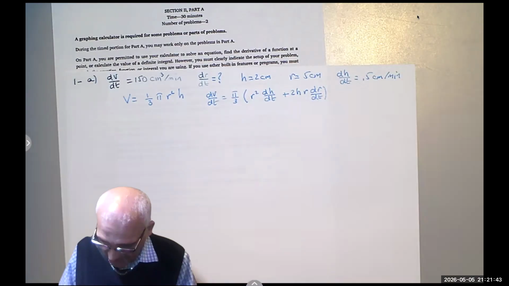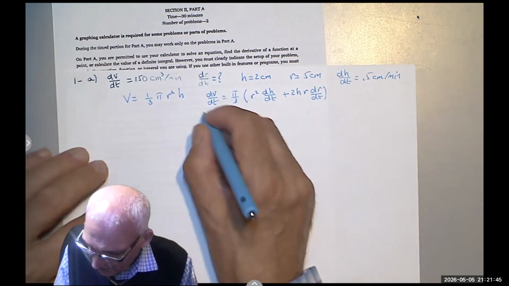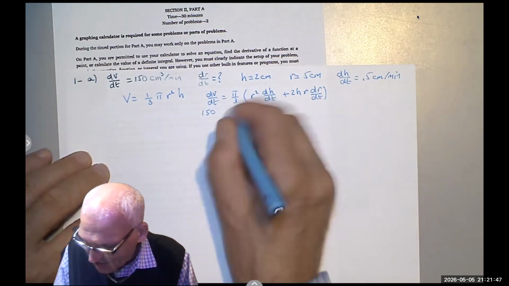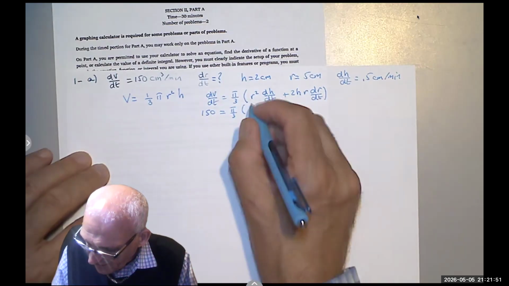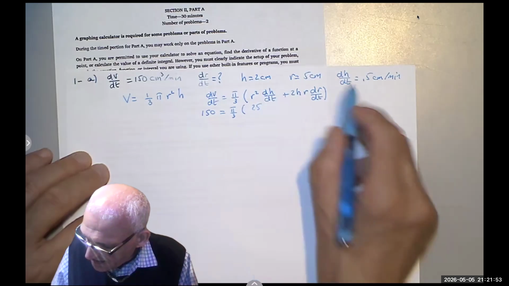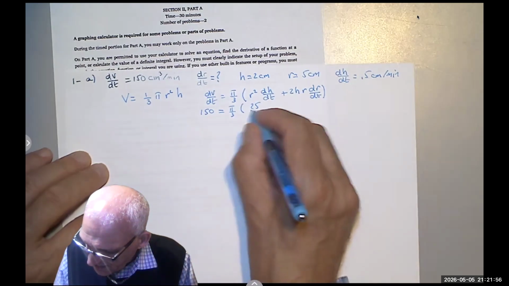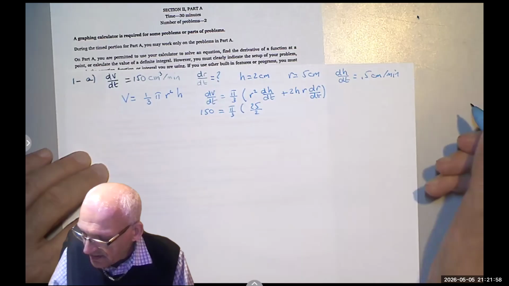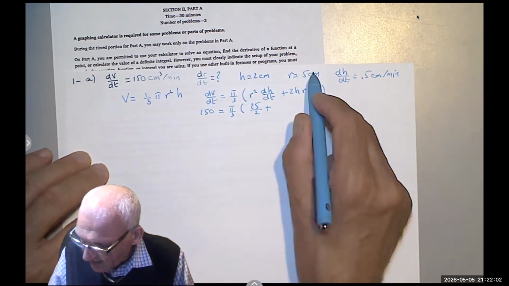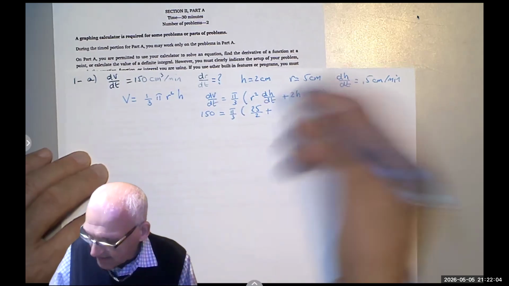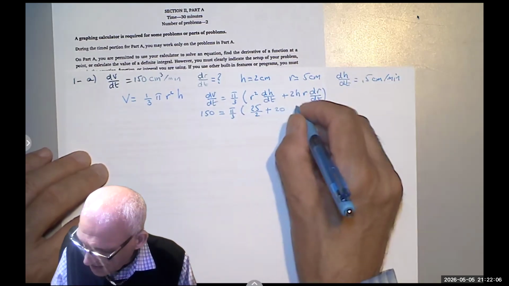And then you just substitute. dV/dt is 150. Without that, we couldn't solve, of course. Pi over 3. r squared is 25. dh/dt is 1/2, so 25 times 1/2 is 25 halves, plus 2 times 2 times 5, which is 20 dr/dt.